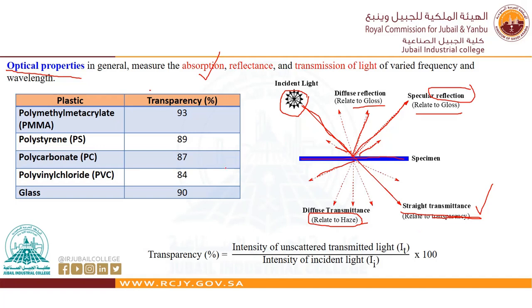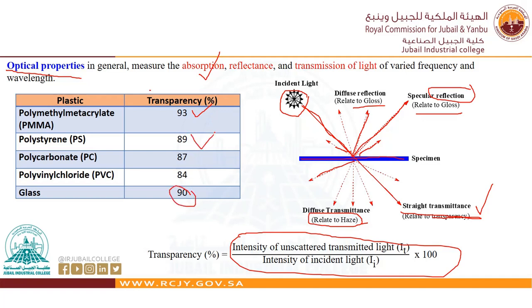So the transparency of the polymer, which is calculated using this formula, would determine the applications of the polymer. If you are talking about high transparency, this is related to amorphous polymers. Here you have PMMA, which has a transparency of 93, even more than glass, which is 90.